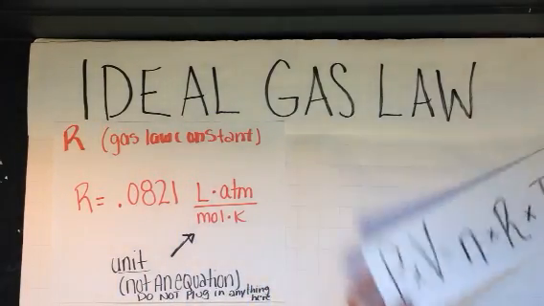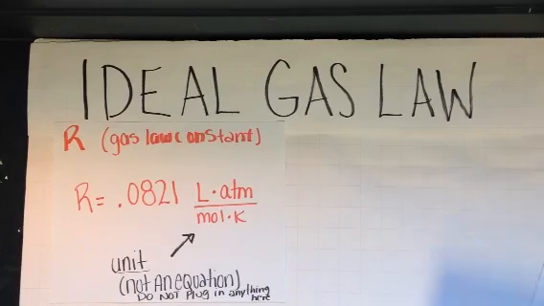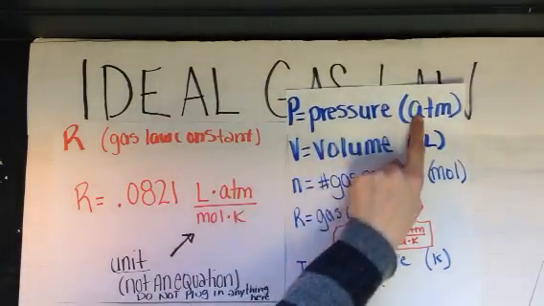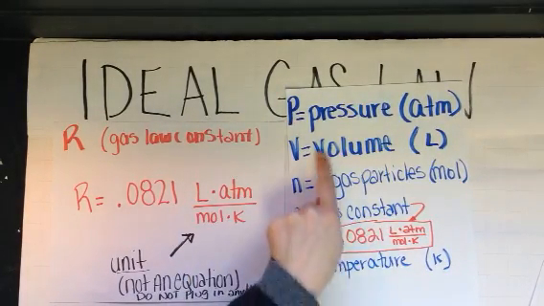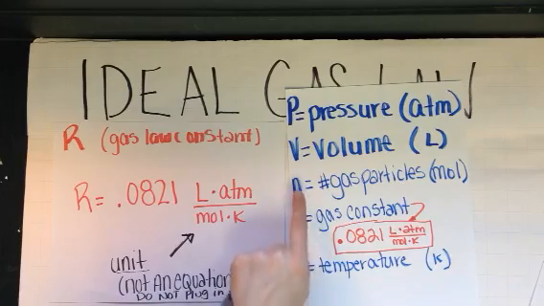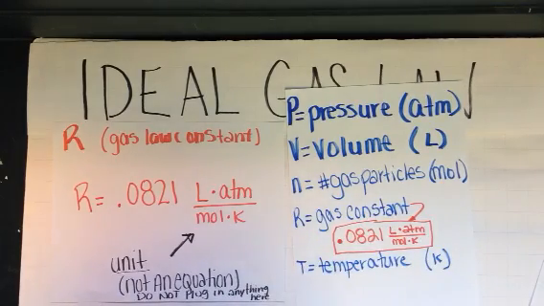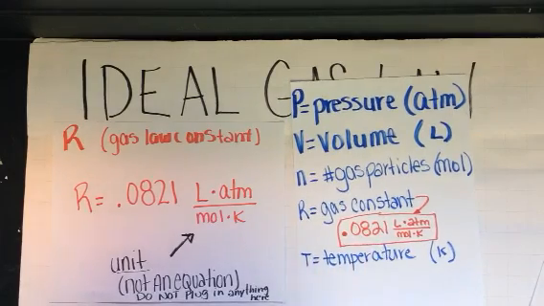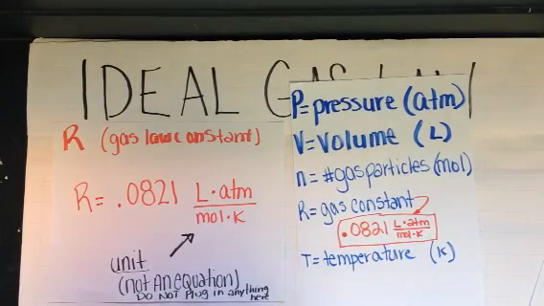Okay? So if you notice, let's bring back our variables. We said pressure has to be in ATM. Check. Got it. Volume has to be in liters. N has to be in moles. R we know is our gas law constant. This will always be given to you. And T stands for temperature in Kelvin.